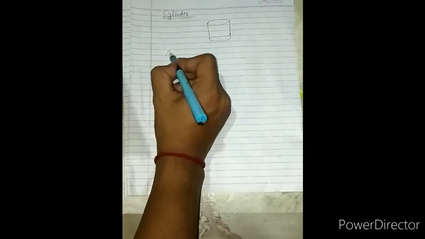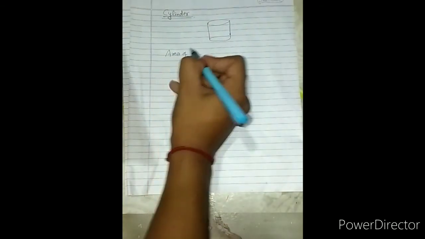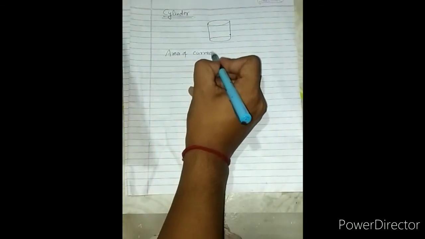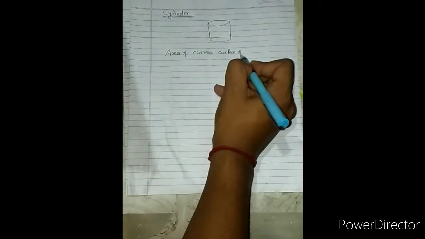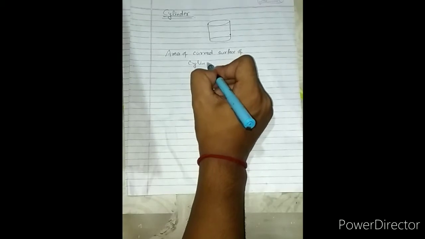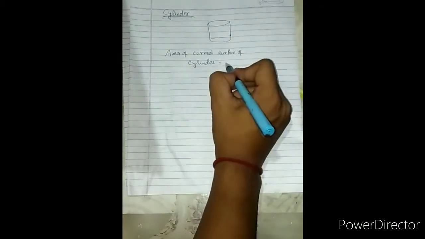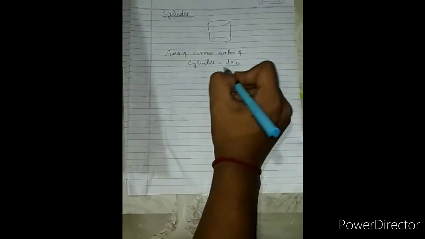From here to here, this is the circumference of the circle. In this rectangle, this is, suppose, the length. Area of curved surface of cylinder: as we know that area is length into breadth.